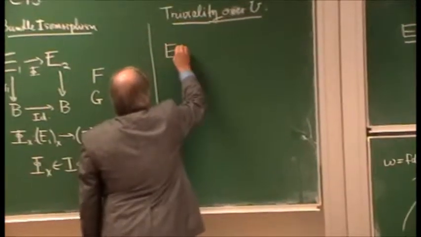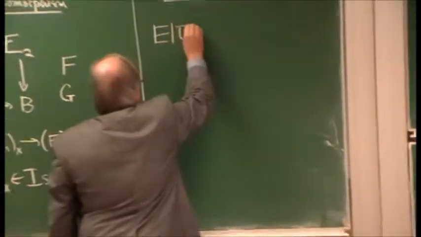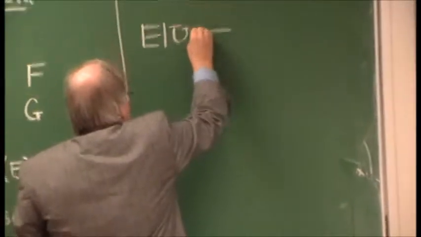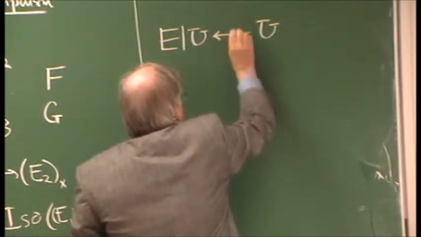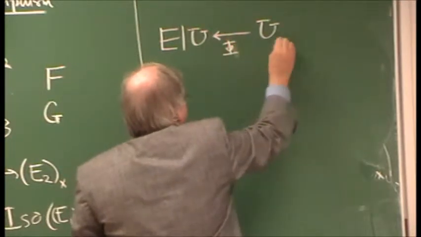E over U is equal to U cross Rn by a bundle isomorphism phi.